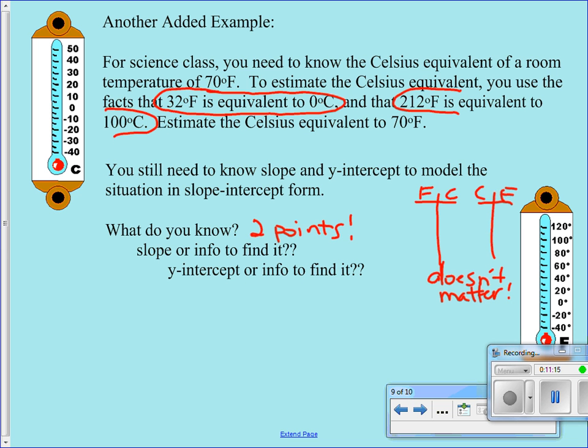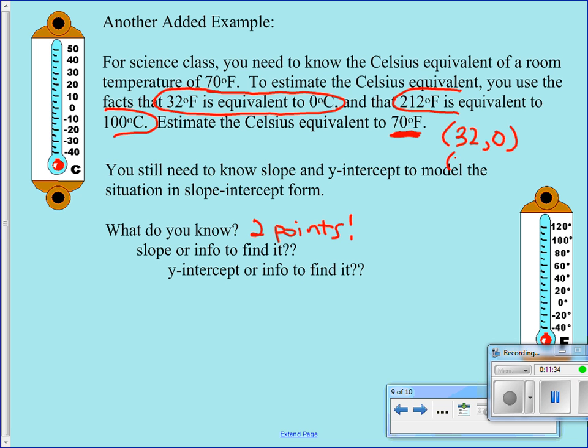So you might come up with a different equation, but no matter what, you would plug in that 70 to wherever your degrees Fahrenheit were. In that case, if I have to plug in 70, I'm going to use that degrees Fahrenheit as my x. So I would use the points (32, 0) and (212, 100) because then my Fahrenheit is my input, my x. Just makes it easier to solve, but it really doesn't matter which way you set it up.